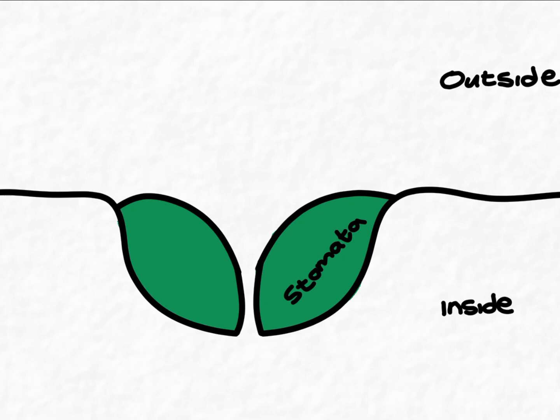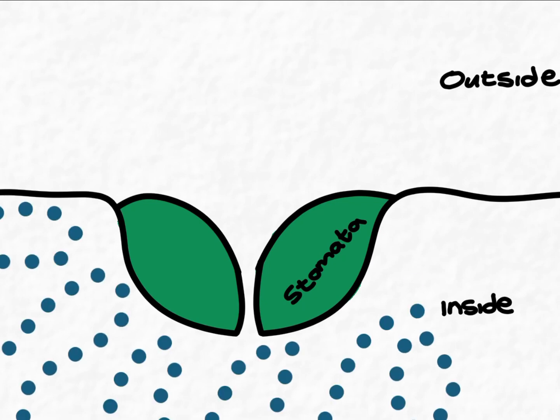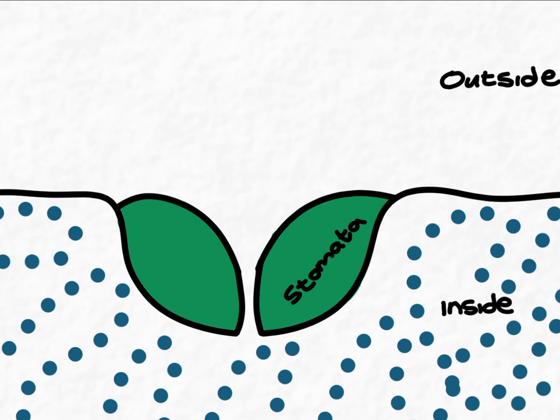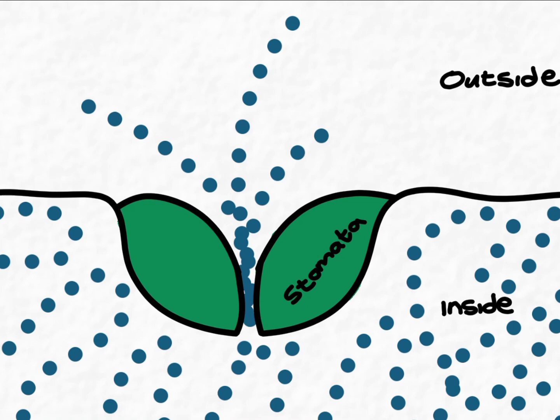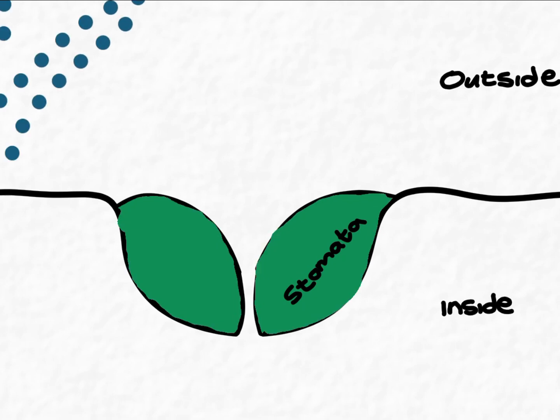If there's a lot of water inside of the plant, but the humidity outside of the plant is low, it means that the water potential inside the plant is higher than the water potential outside of the plant. Water will then move into the stomata, making them more turgid and opening up to the surroundings. Thus, water will be able to diffuse out of the plant into the outside.